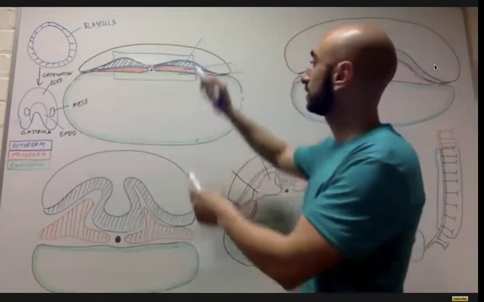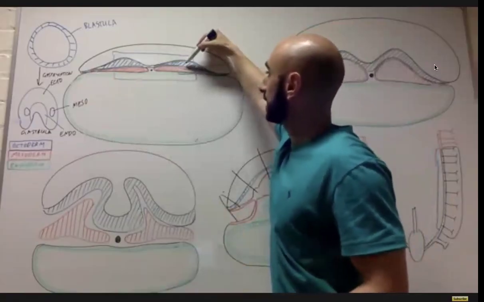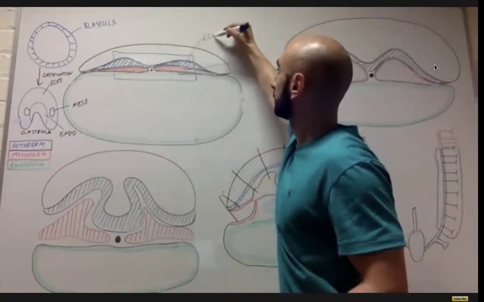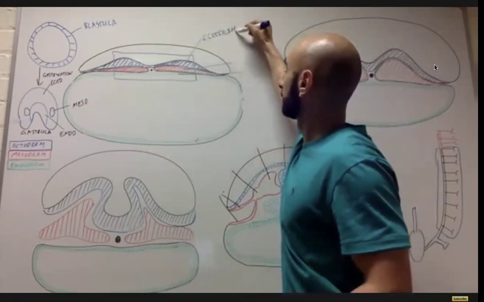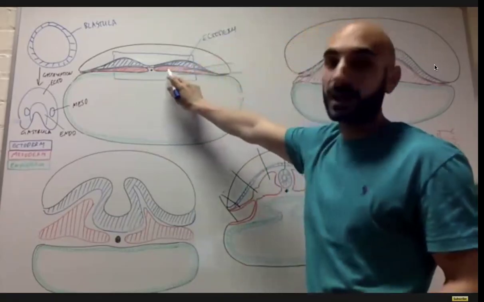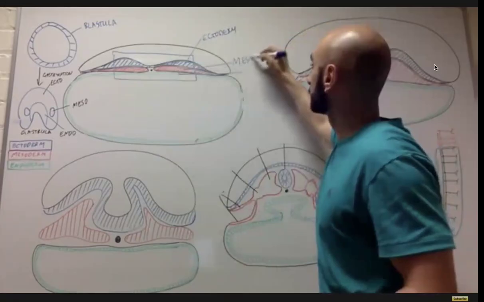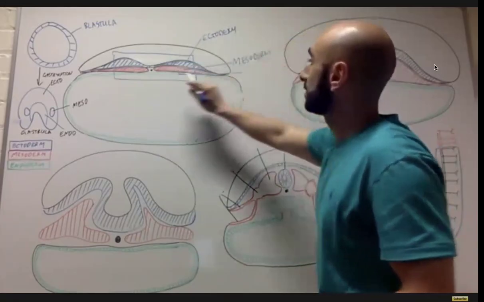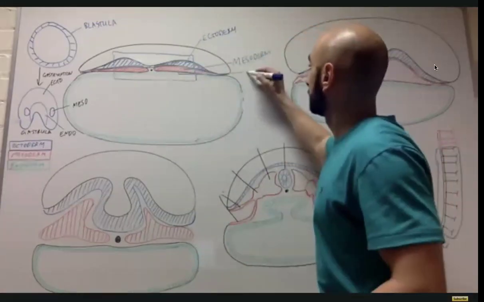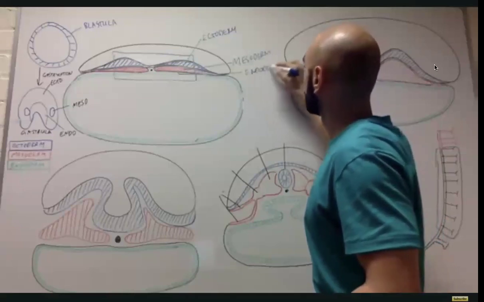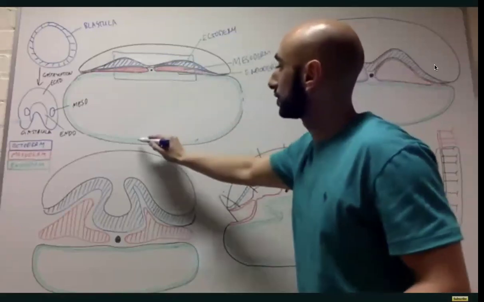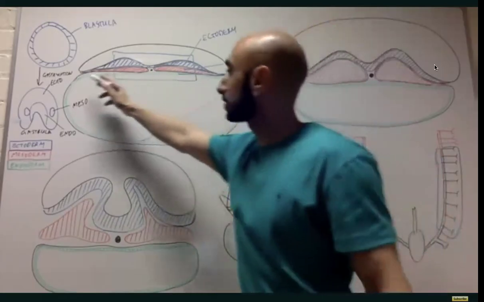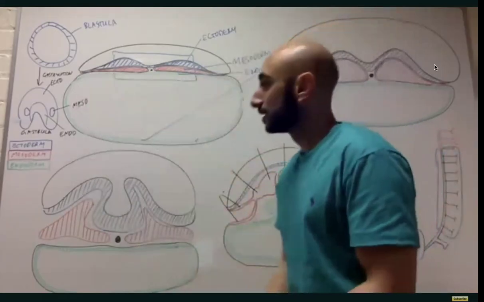So the outer layer, the ectoderm in blue, the inner layer in red, the mesoderm, M for middle, mesoderm, and then the inner layer, endoderm. And the endoderm is also, it's all the green is the endoderm.